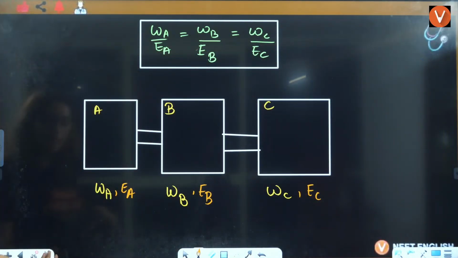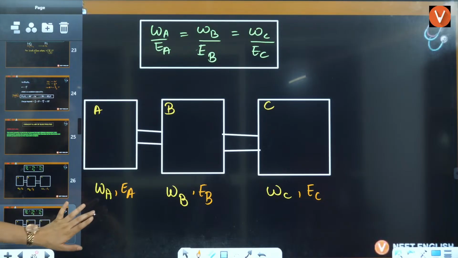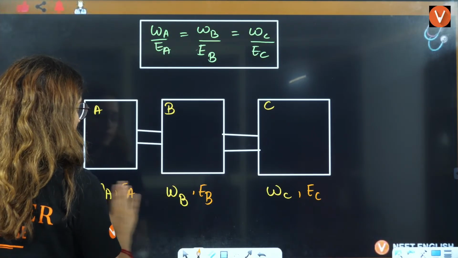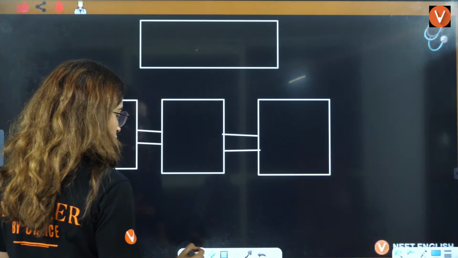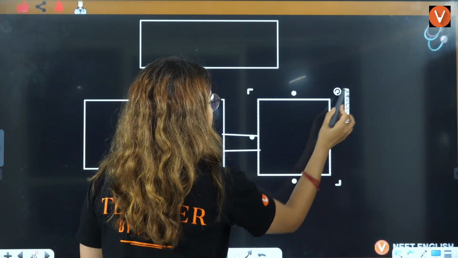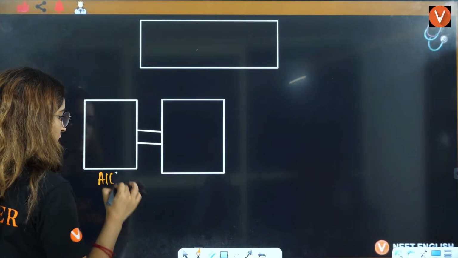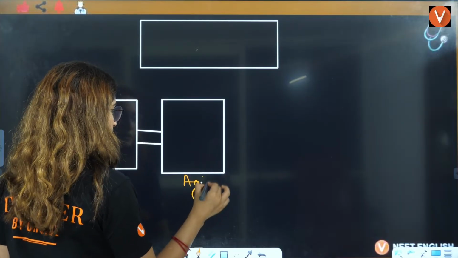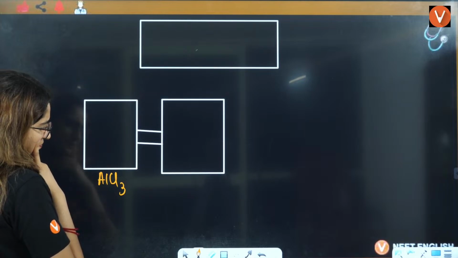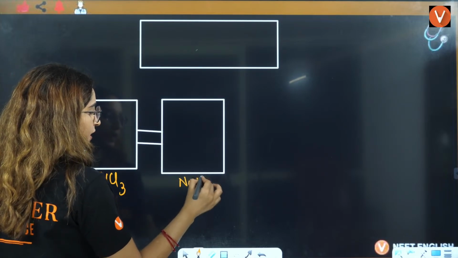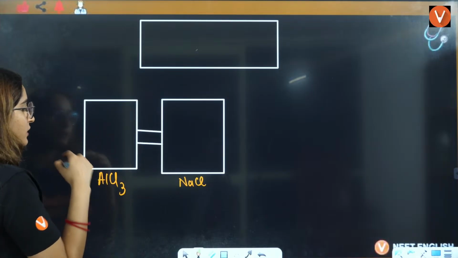Now, there is no such question that I have written here, but I'll do one thing just to make you understand this more clearly. For example, let's say you have 2 salts, here you have AlCl3 and here you have NaCl.